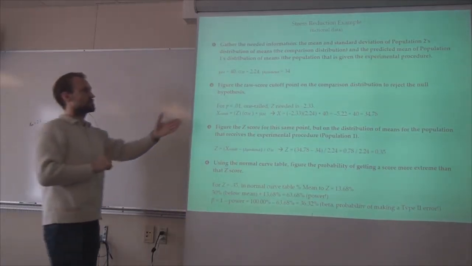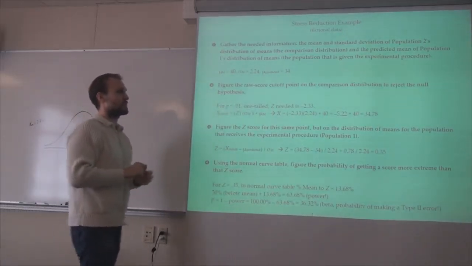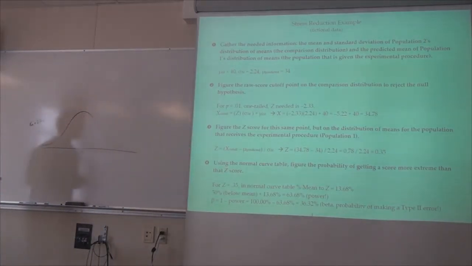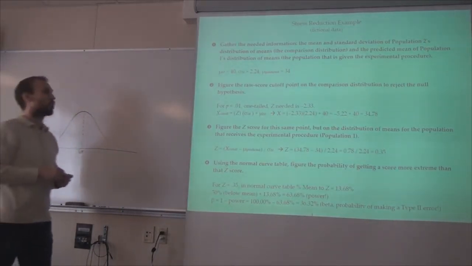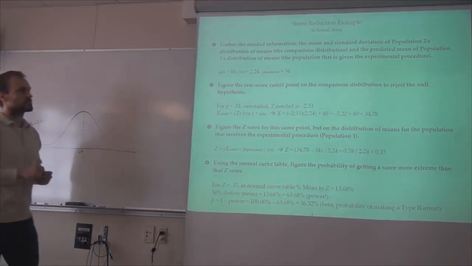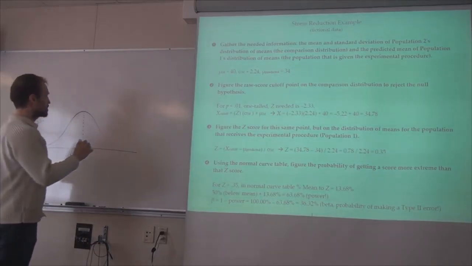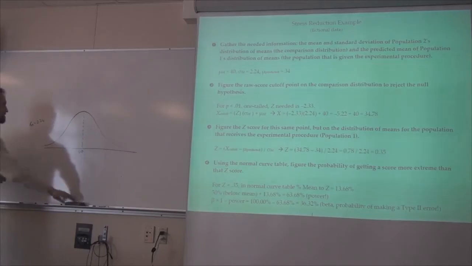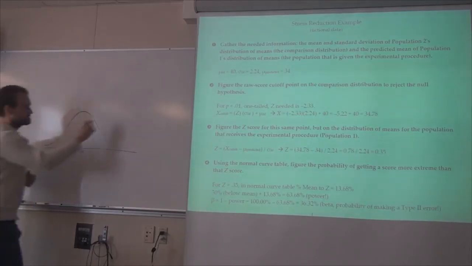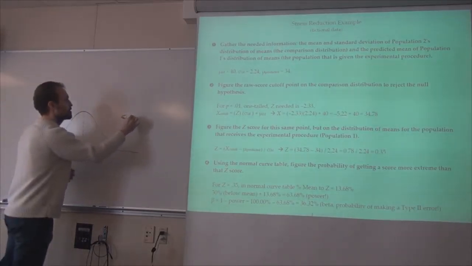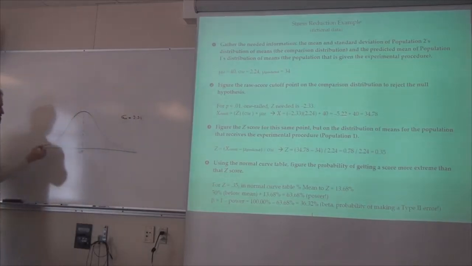So in this case, let's use 1% alpha. So the probability of making a type 1 error is nice and low, or I want it to be nice and low. Let's see what happens to a type 2 error. Now I'm looking on this side, so maybe I'll shift this guy to the other side. 2.24. I'm not going to put it that far, I'm just going to put it over here somewhere.